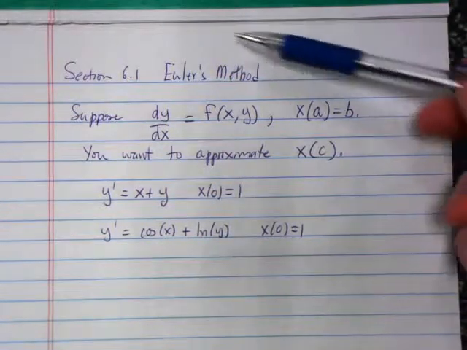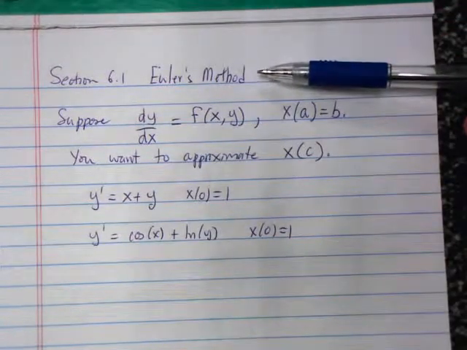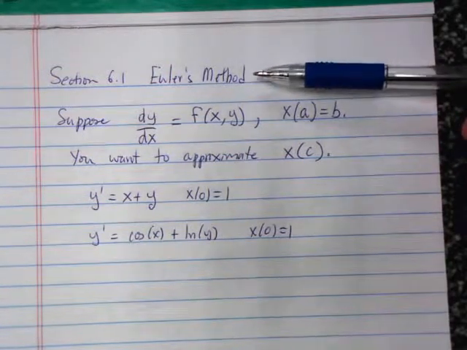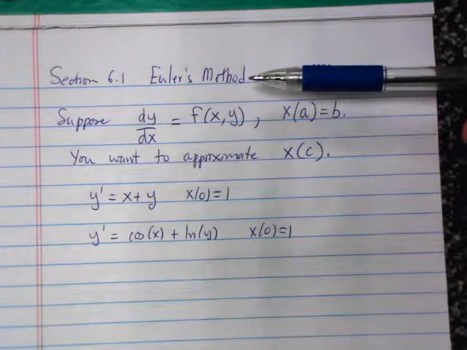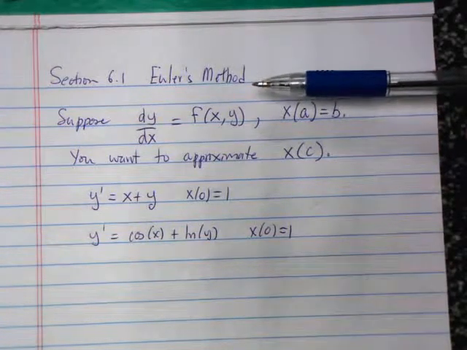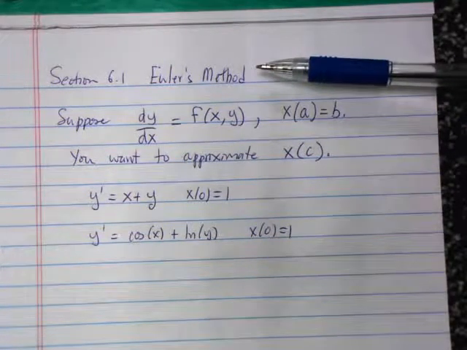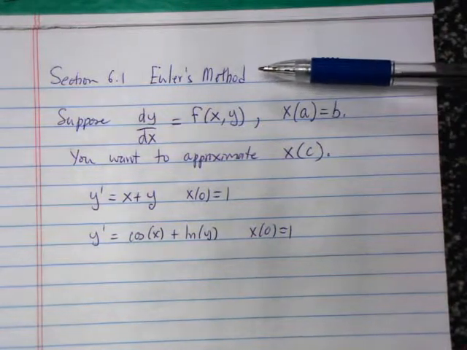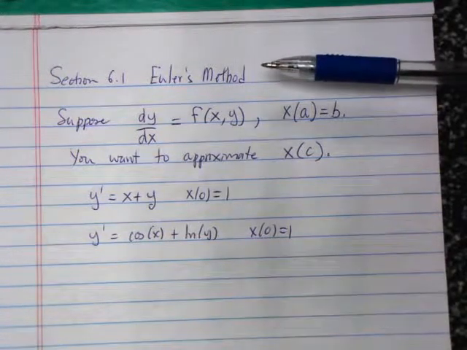For Euler's method, to get an accurate answer, you might have to do 20 iterations, which means a lot of calculations. For the Runge-Kutta method, to get the same degree of accuracy, you might only have to do 3 iterations. But there's more work to do for each iteration. But the overall programming is faster. So from a computer programming standpoint, the Runge-Kutta method is the most efficient. You get the most accurate answer for the least amount of calculations. If you're doing it by hand, it's the hardest method to do.